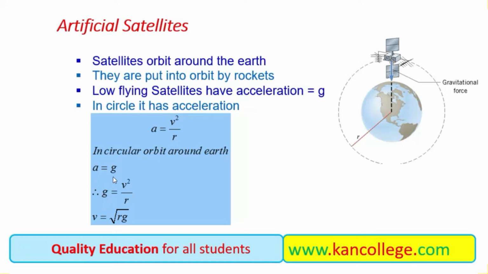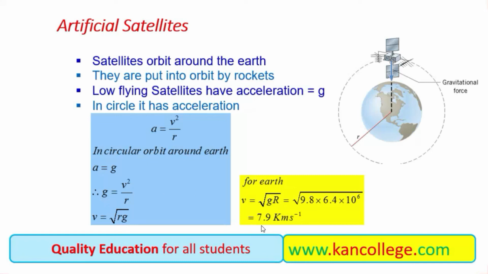From here we find that a is equal to g, and g is equal to v square over r. So v is equal to root of r g. So we can find the speed of a satellite rotating near the Earth by using this formula, and that is 7.9 kilometers per second.